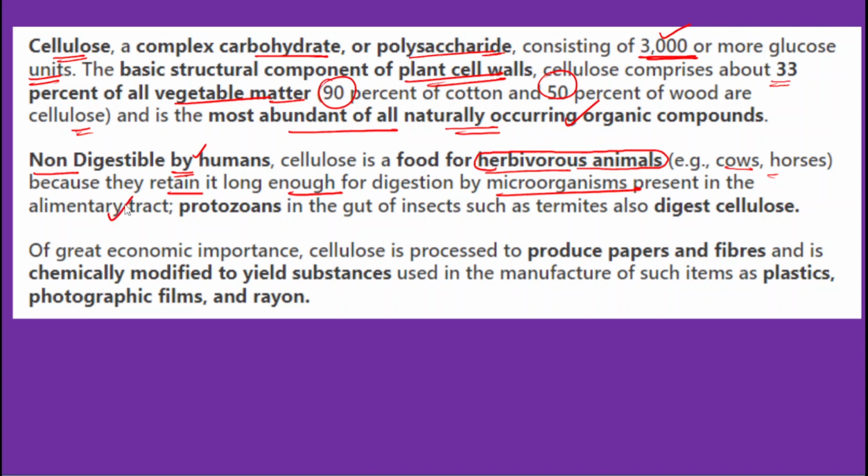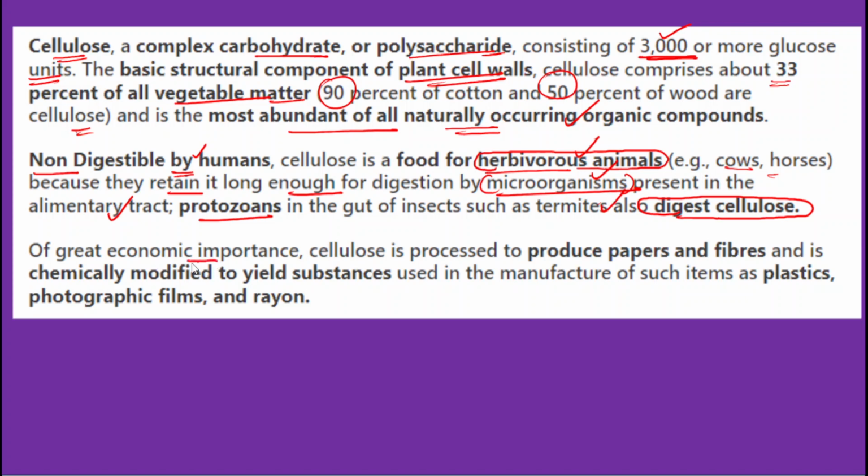These animals can retain the cellulose for a longer period in their alimentary tract, so the microorganisms act and modify the food. Protozoans in the gut of insects such as termites also digest cellulose. So these animals can digest cellulose, but human beings cannot.